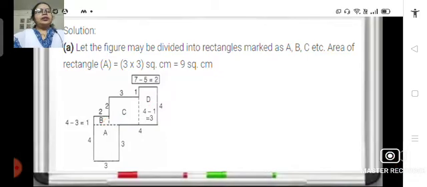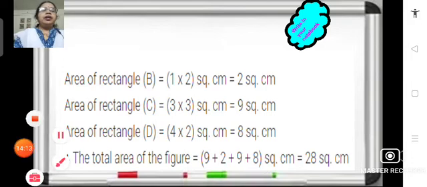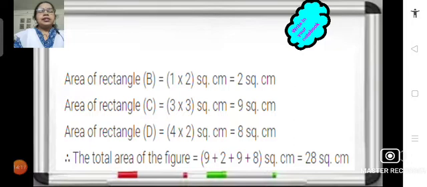And the area of rectangle B will be 1 multiplied by 2, that is 2 square centimeters. Area of rectangle C is 3 into 3, that means 9 square centimeters. And area of rectangle D is 4 multiplied by 2, that is 8 square centimeters. And total area of the figure will be 9 plus 2 plus 9 plus 8, that is 28 square centimeters. This is another way of finding the area of this figure.